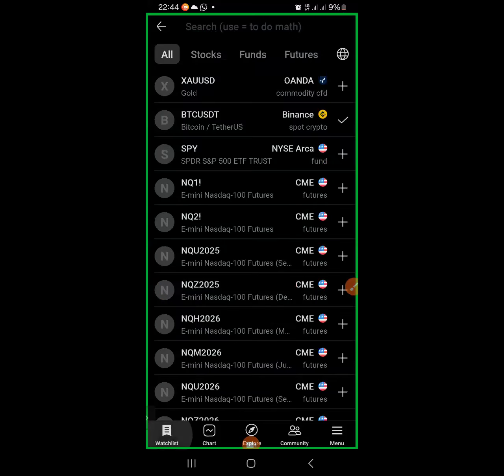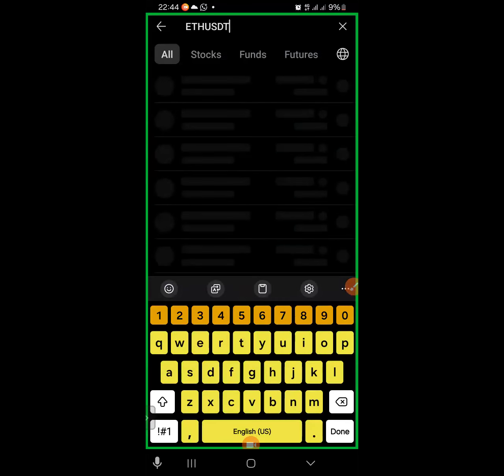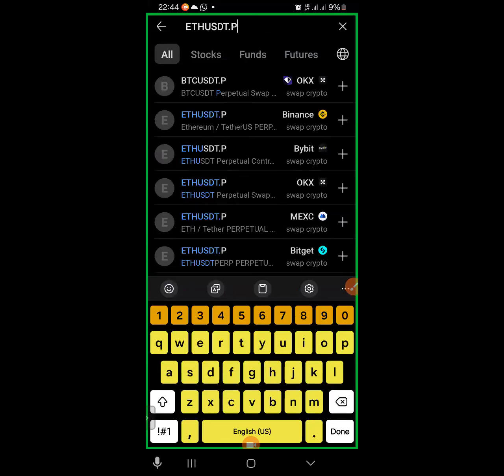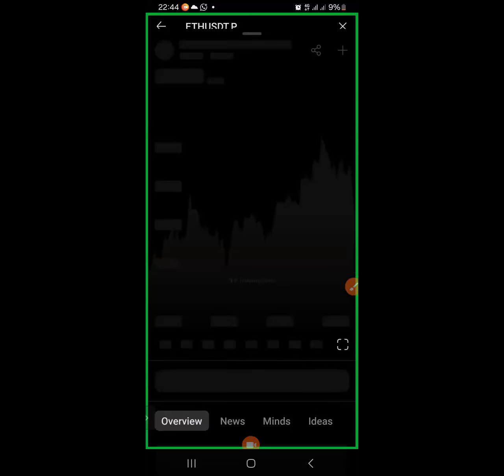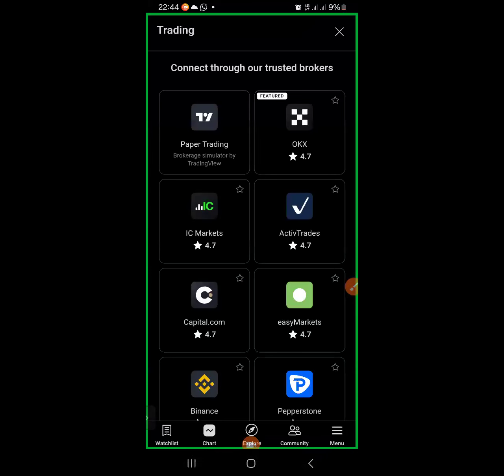We can identify the one penny bar. Let me change the coin. It's a USDT. This is Ethereum.